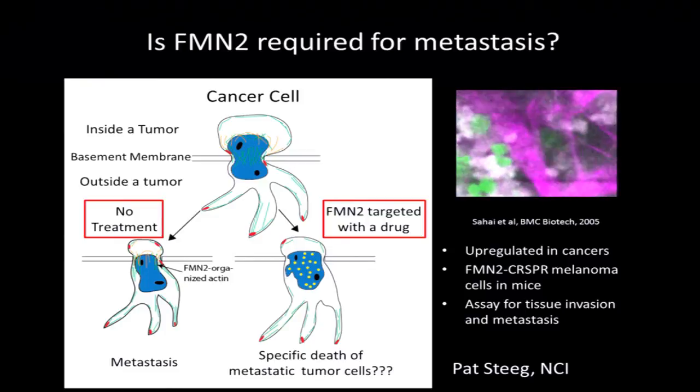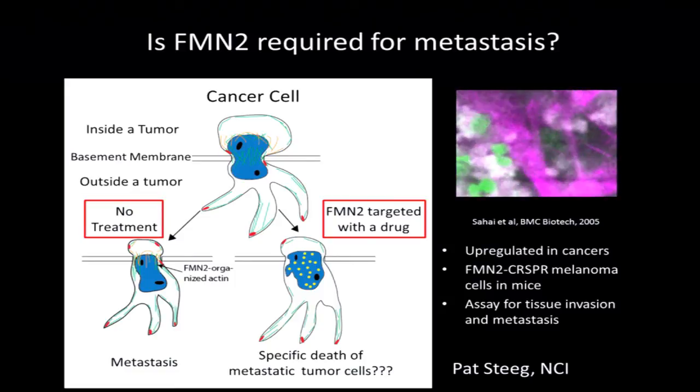It sounds like a good drug target to me. Cells that are specifically crawling through confined microenvironments trying to get out of a tumor. So we're trying to see now whether this protein and its actin polymerization activity are required for metastasis.